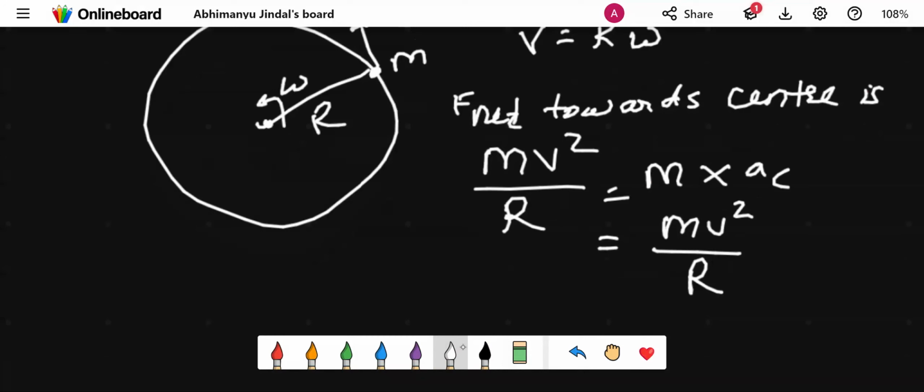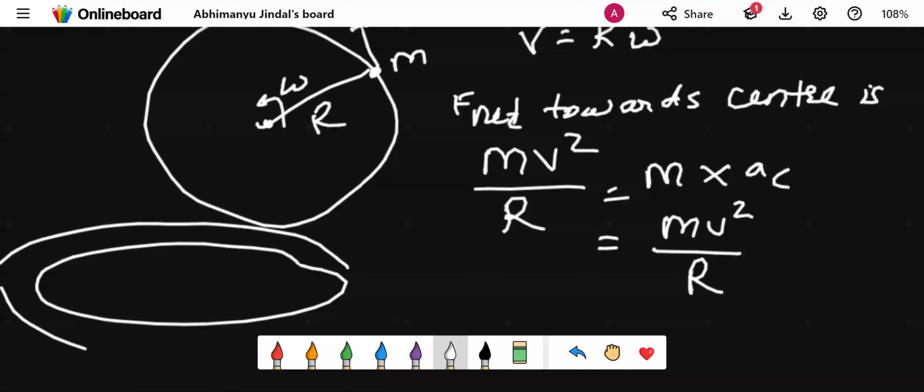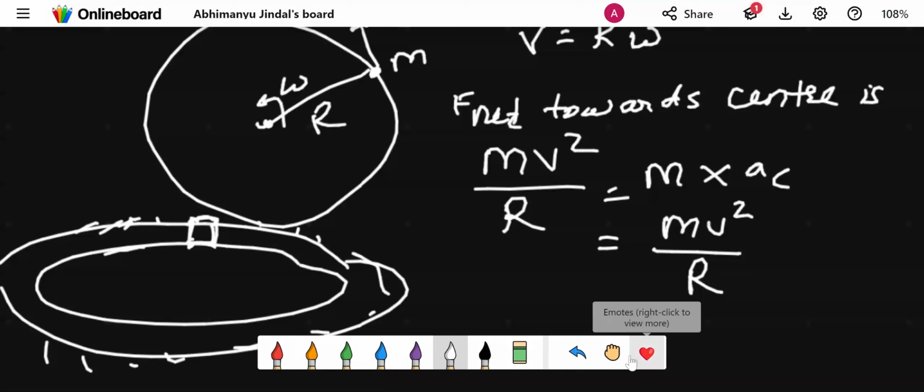Now here's the concept. Let's say this is a circular groove, a hollow with a vertical wall, and on that there's the object like this. Circular groove is a famous problem. I'll show you the figure when I do the PYQs, so stay tuned till the end. The normal force N from the wall is towards the center.